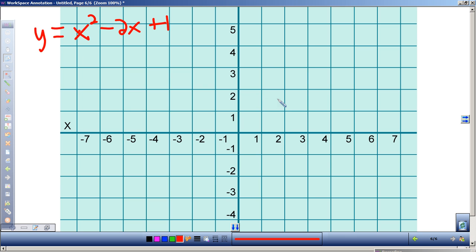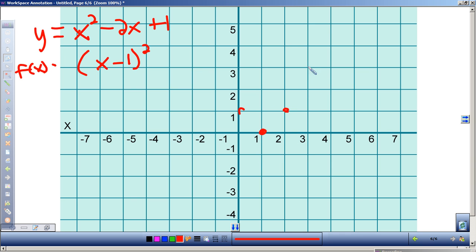Anybody have a guess? Or anybody know? Okay, up 1? Okay, let's factor this. What is it going to factor as? (x minus 1) squared. How is it shifted? To the right one.